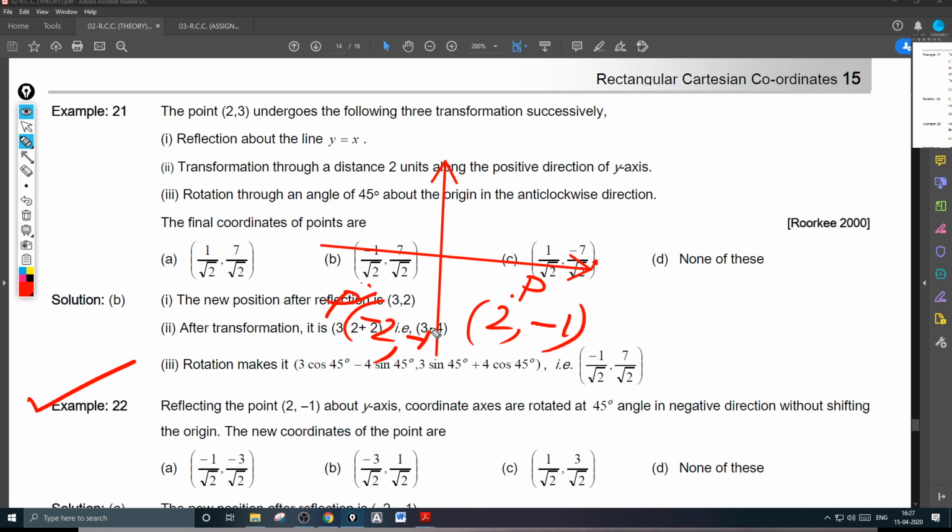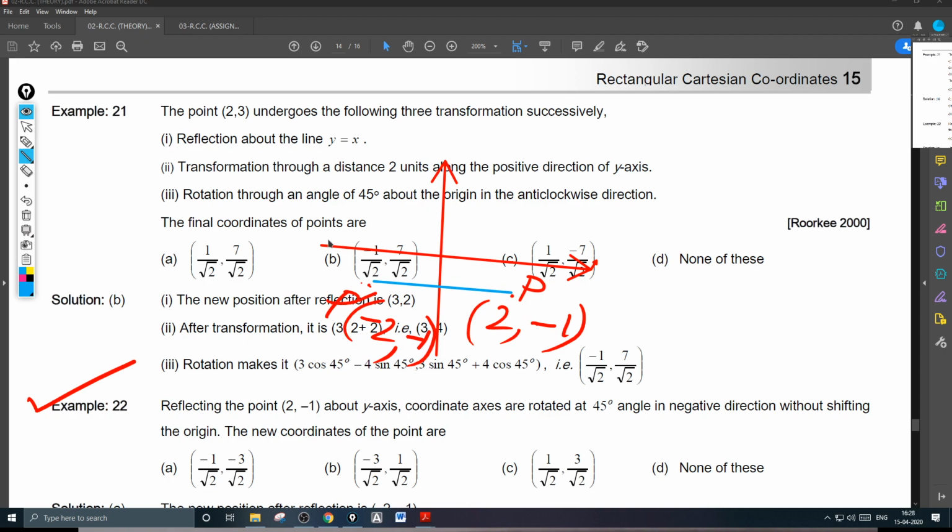Now, what I am doing after the reflection, this is a reflection. I'll change the color. This is a reflection. Okay.